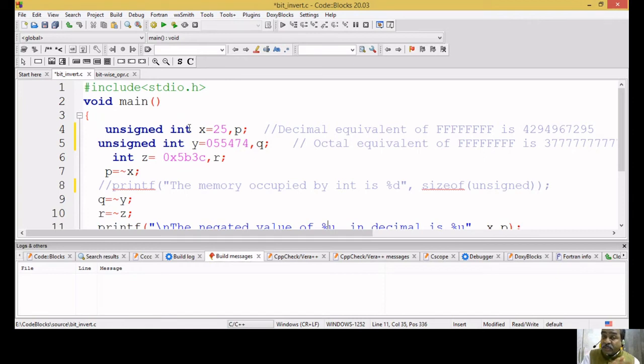Even negative numbers are represented in complement form. So it's a waste of memory space when we declare an integer. Remember, when we declare the integer data type, half of the memory is lost to store negative numbers, and the remaining is for positive. So it is of no use. So what we do is we use unsigned here.